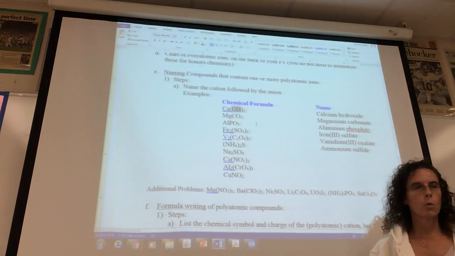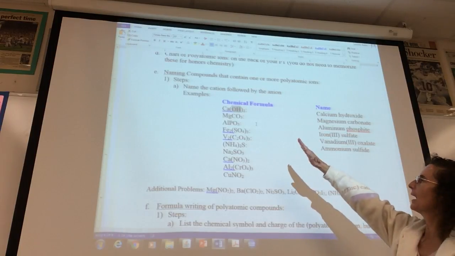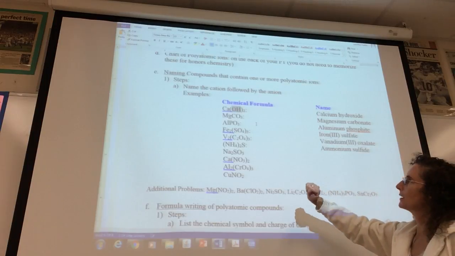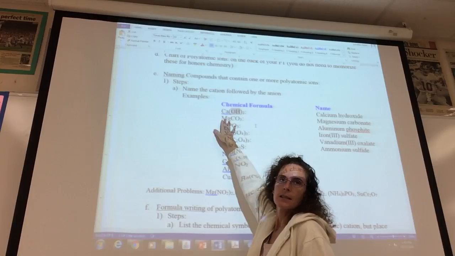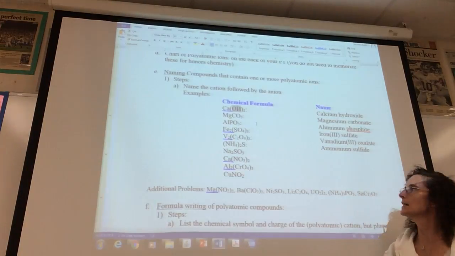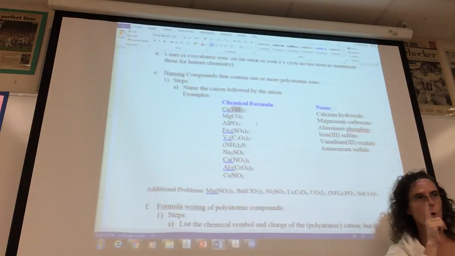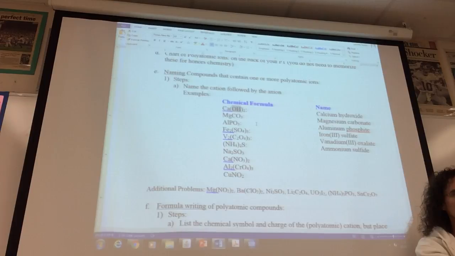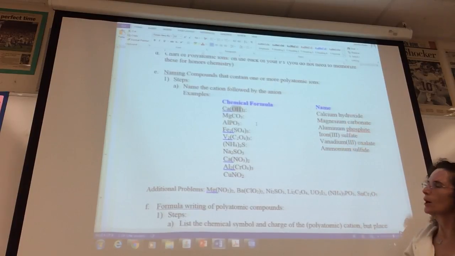OH, what did OH represent on the back of the periodic table? Hydroxide. Calcium hydroxide. Mg is magnesium. Now look at CO3. That's more than one atom. You're looking on the back. CO3 is carbonate. Magnesium carbonate.